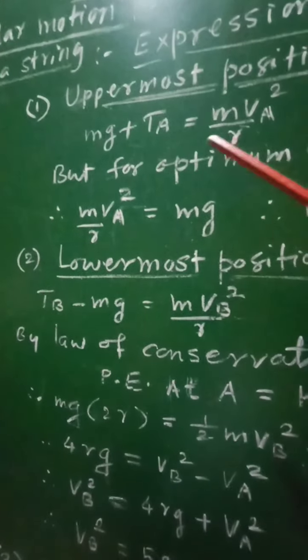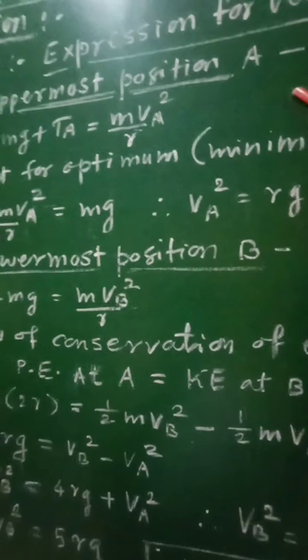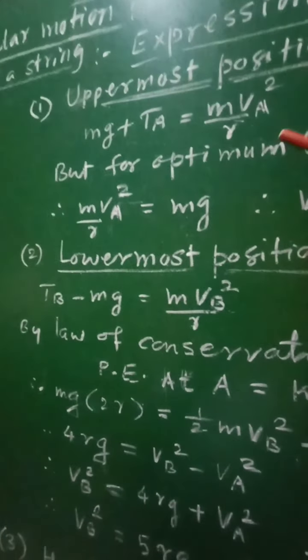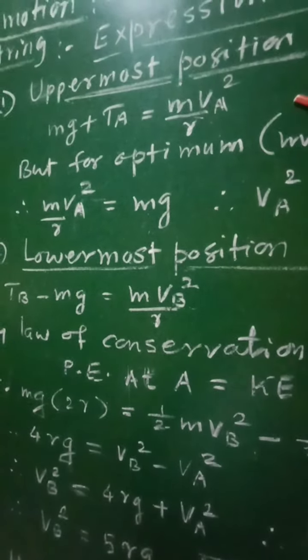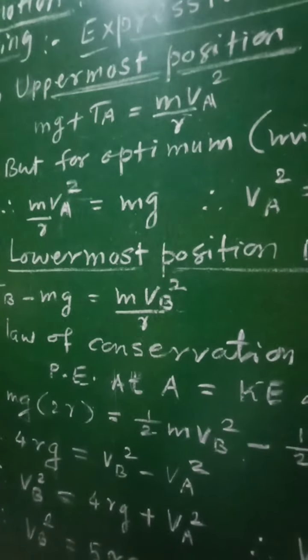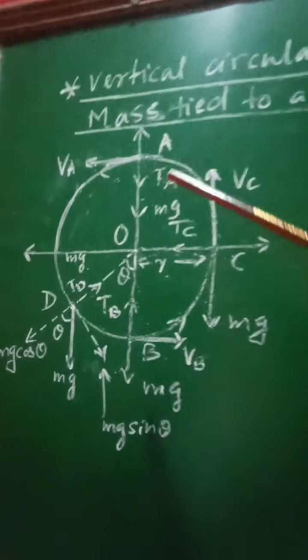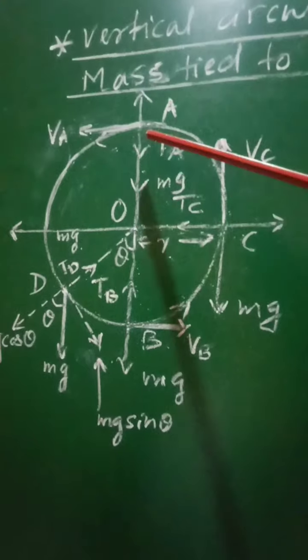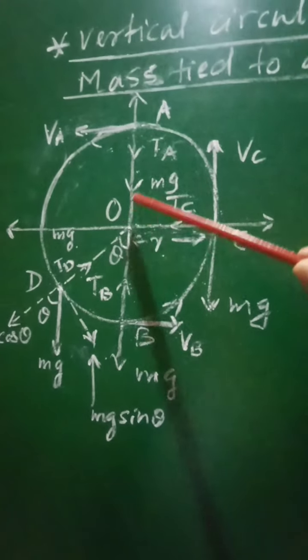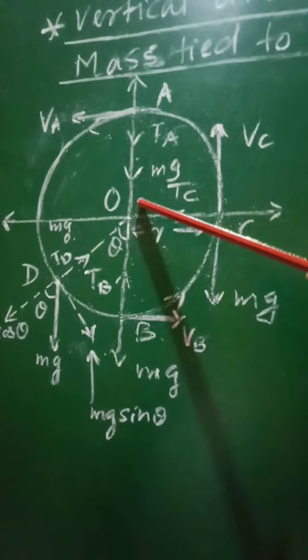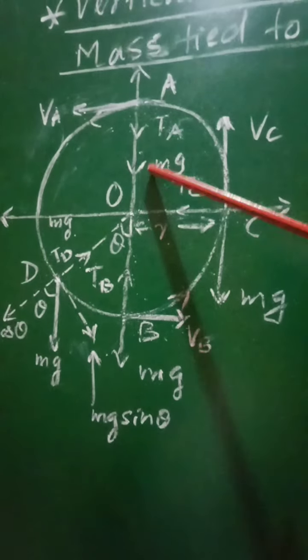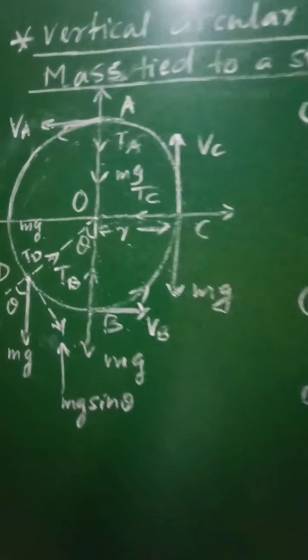Let us consider the first point, that is the uppermost position A. Now at this position A, the two vectors TA and mg are directed in the same direction, therefore they will get added, and hence the addition of these two will provide the necessary centripetal force for the circular motion.